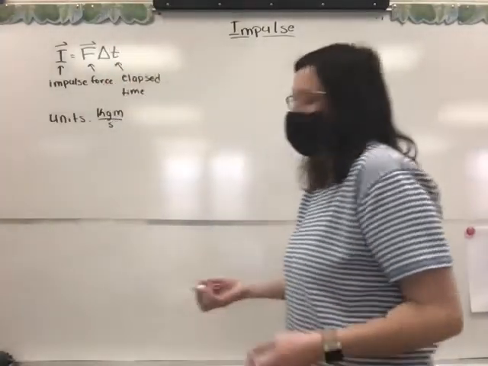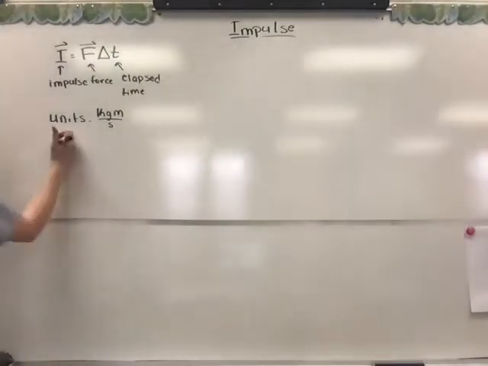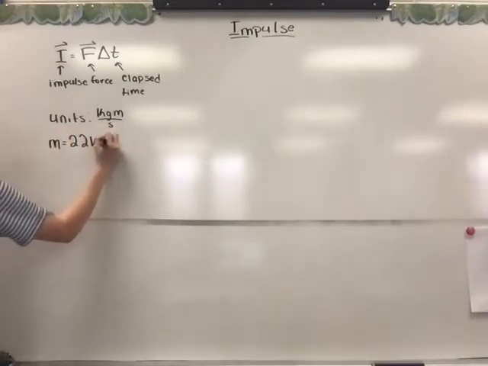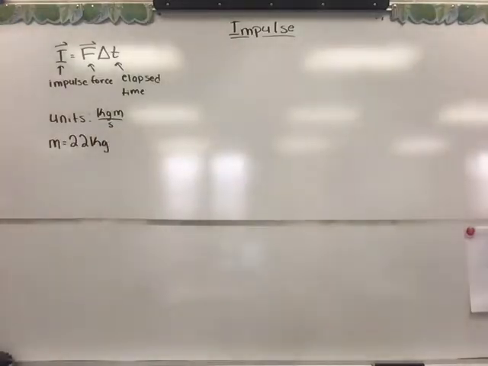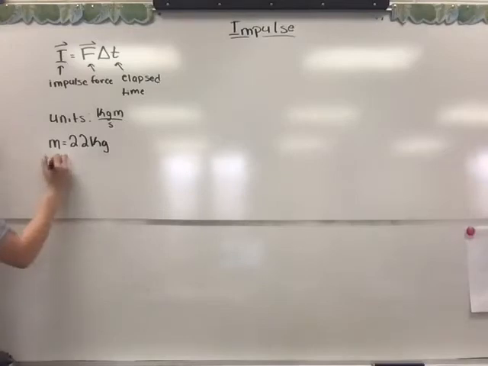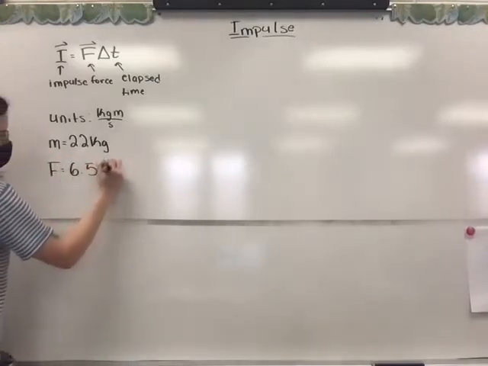So let's say that we are pushing a shopping cart, okay? And it has a mass of 22 kilograms, okay? And we're going to be applying a force of 6.5 newtons.